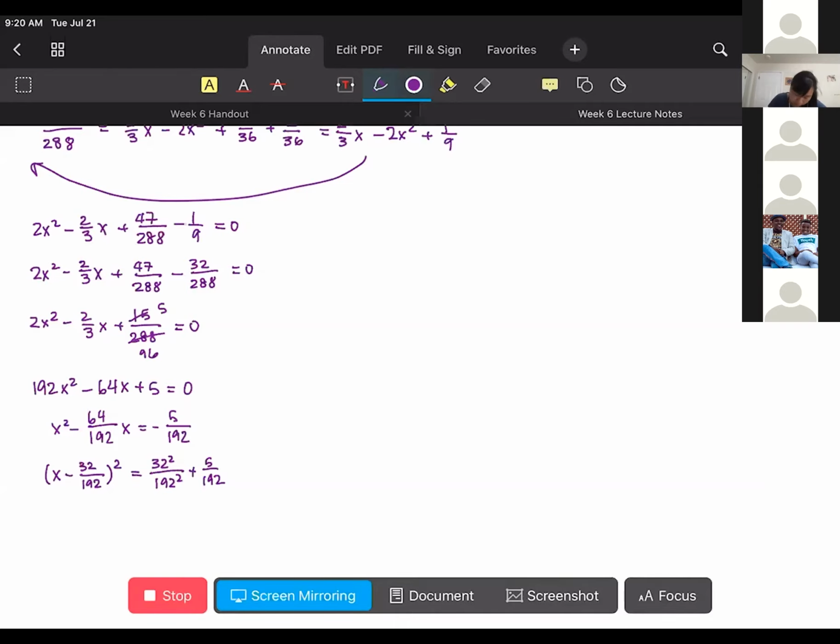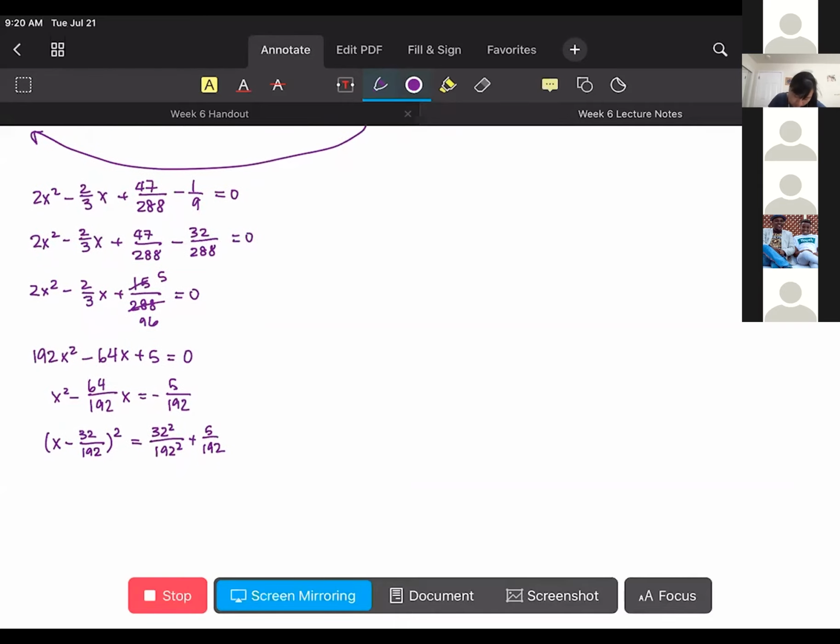All right, so we completed the square here. So 32 over 192 squared. Sorry, can you repeat what the next step was? The next step was to find the square root of both sides of the equation and then make it so that it all equates to x.